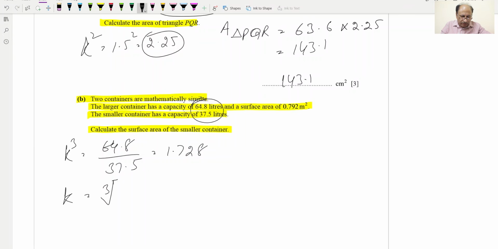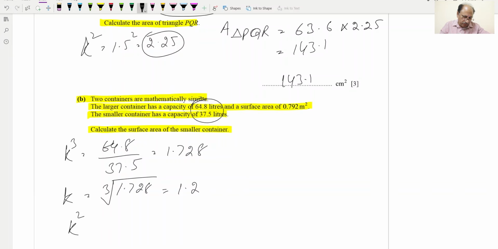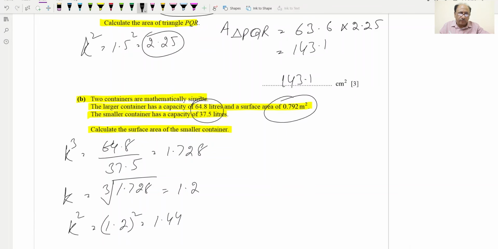This will be K cubed, but we need it for area, so we will first find the cube root, and then we will take the square. So the cube root of 1.728 is equal to 6 by 5, or we can write 1.2, and K squared, which we want for area, so we'll take 1.2 squared, which is equal to 1.44, and this is what we can use.